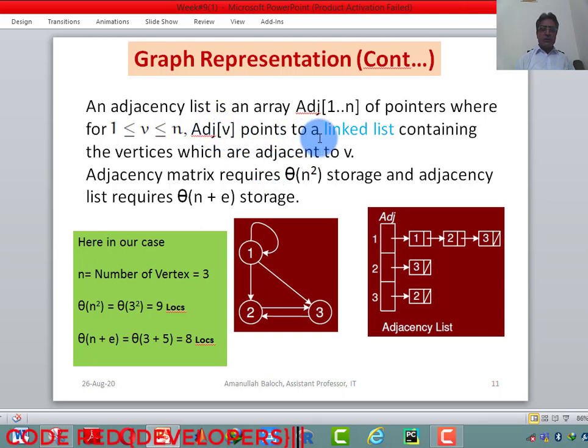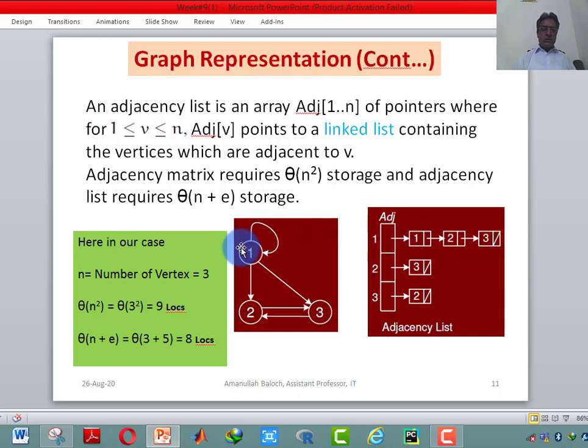Adjacent of v points to a linked list. This is a linked list containing the vertices which are adjacent to v, all attached with each other in single nodes.